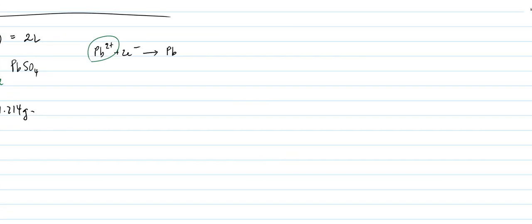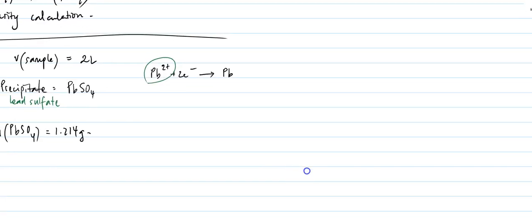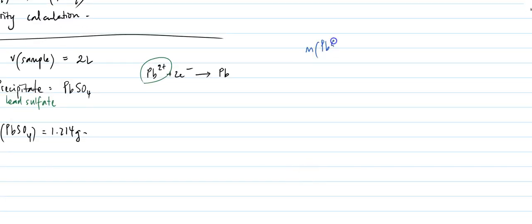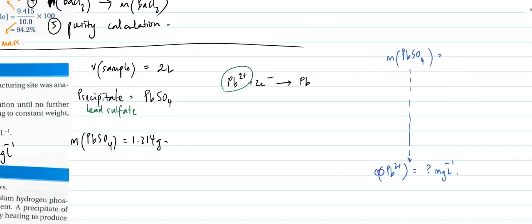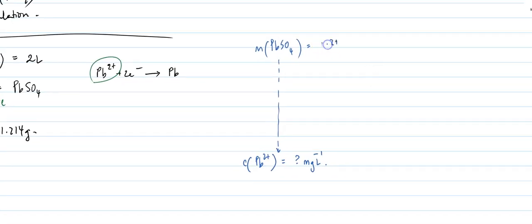Let's make a plan. I always need to make a plan with these. We're starting with mass of lead sulfate, and the whole route will take us to concentration of lead ions in milligrams per liter. It's good to have the units. Then you can backtrack to work out how you can get there, or you can try to build your way towards the final target.